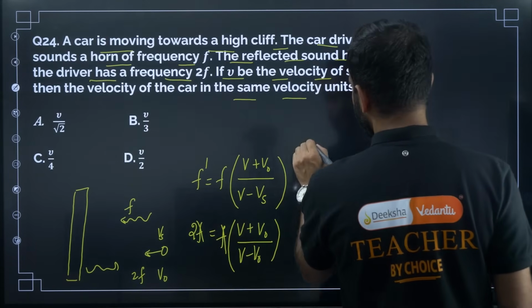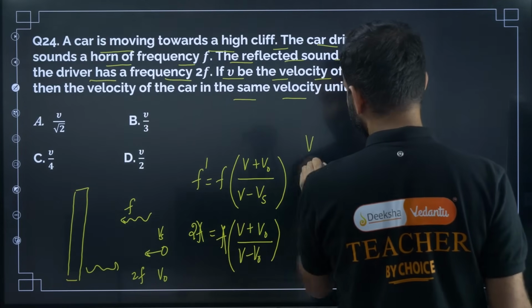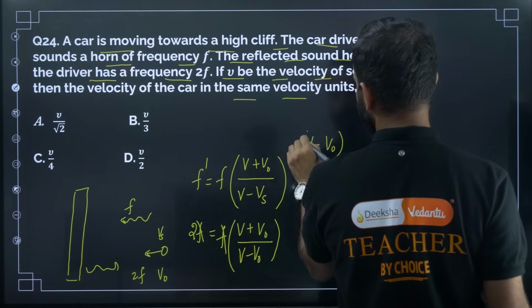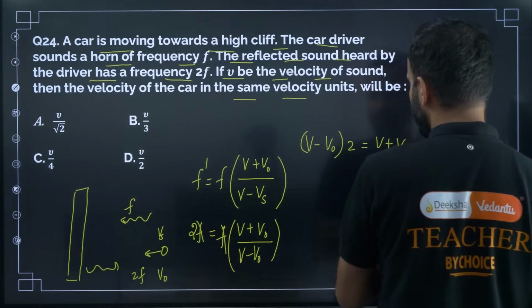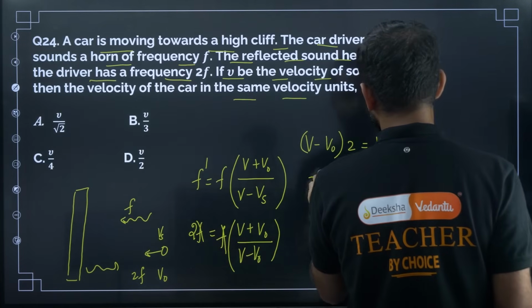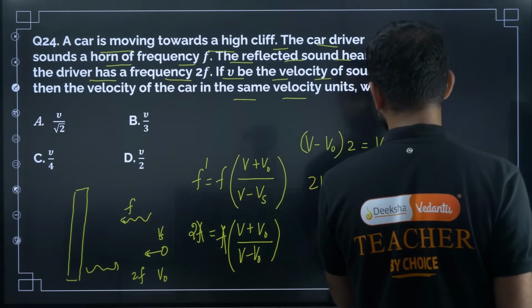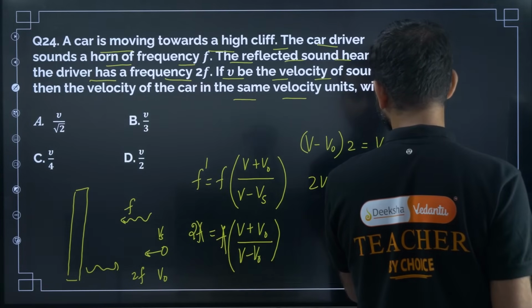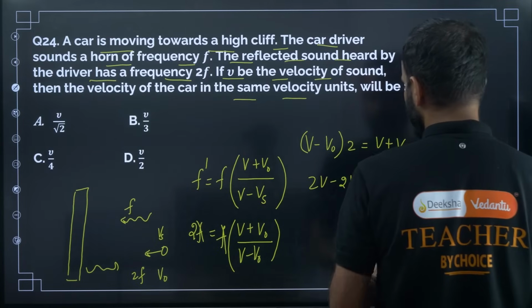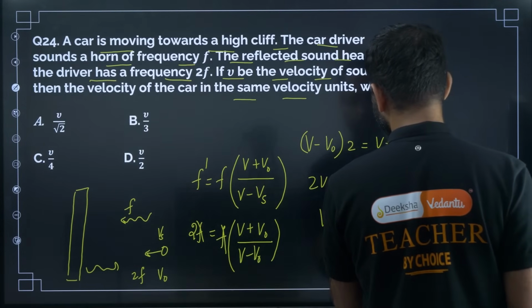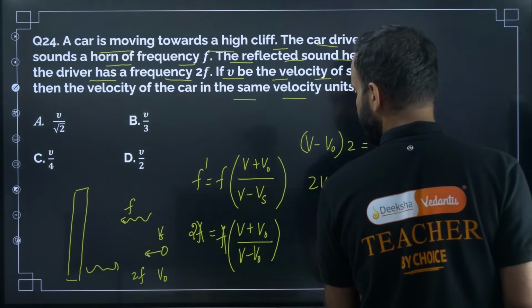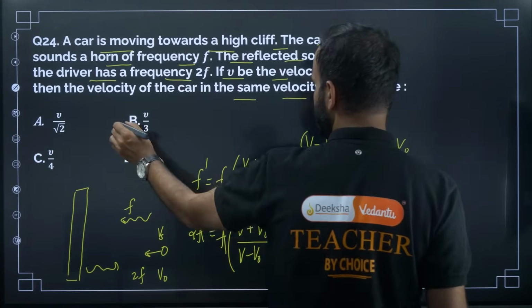So now v minus Vo into 2 is equal to v plus Vo. So now 2v minus 2Vo is equal to v plus Vo. So now v is equal to 3Vo. So Vo equal to v divided by 3. So the correct option is B.